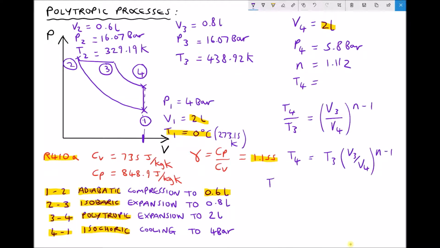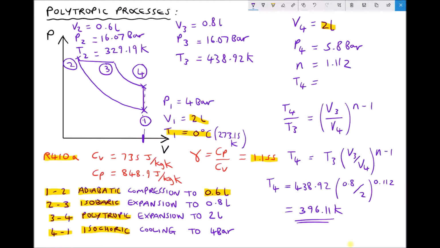And plugging in some values, we have T4 equals T3, 438.92, times V3 over V4, 0.8 over 2 to the N minus 1. Well, N is 1.112. 1.112 minus 1 is 0.112, giving us a value of T4 equal to 396.11 Kelvin.